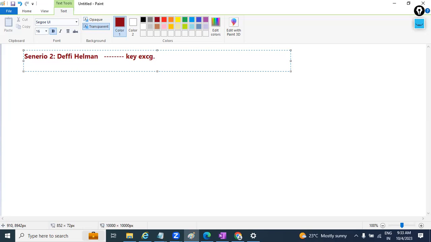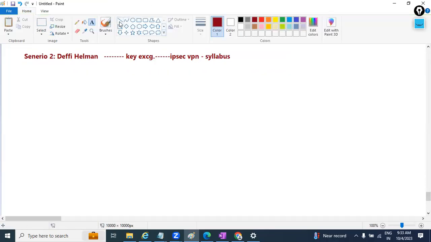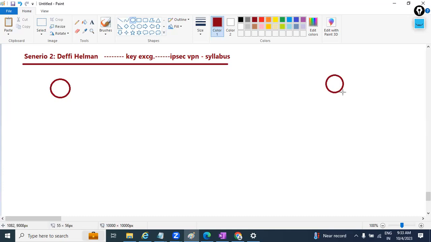Because key exchange is also one of the biggest tasks here. So in our IPsec VPN, as per the syllabus, we have to talk about which method? Diffie-Hellman. What exactly is Diffie-Hellman? See, let's consider we are using a site A and a site B here.